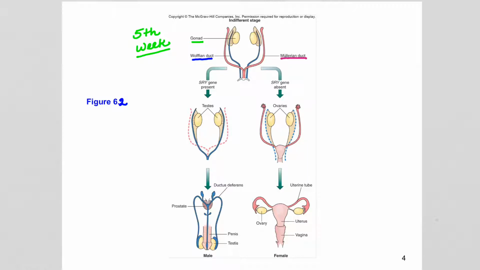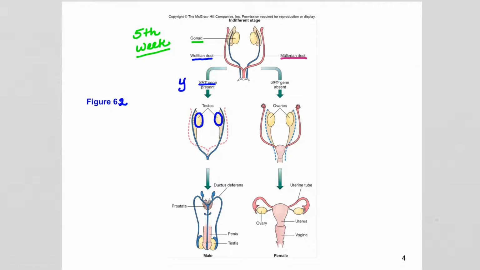So as long as our SRY gene on the Y chromosome is present, at week 6, we see 2 things happen. The gonads start to become specialized.